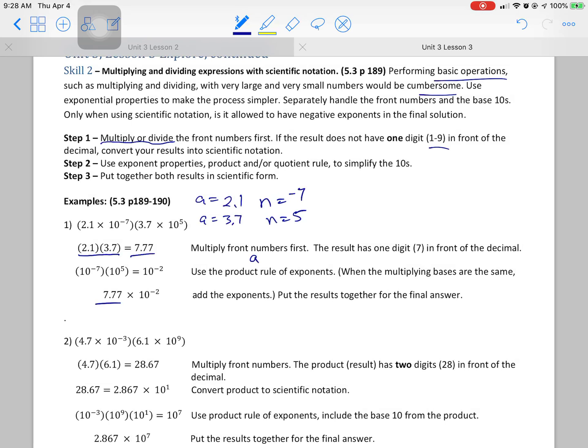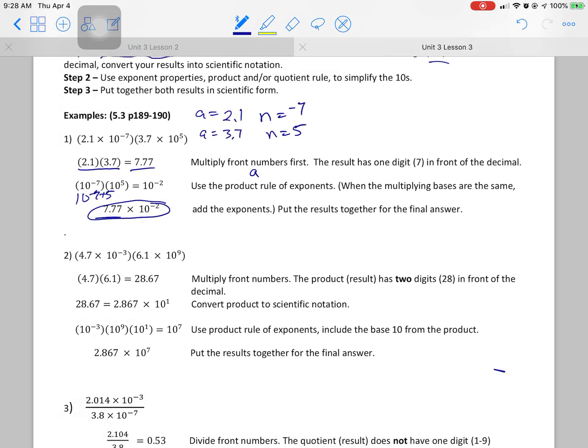Sometimes that'll come up to 2, we'll do one like that. And then you multiply the bases like we've been doing. That's why it's in this section. You have 10 to the negative 7 plus 5 gives you 10 to the negative 2, and then you just plop them together, and that's the new number that you get.